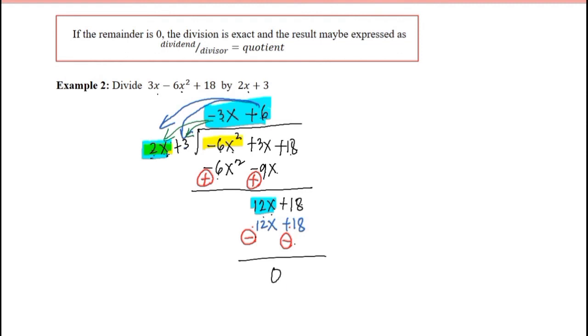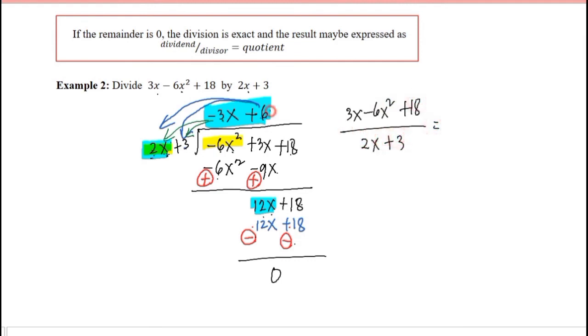So, if we are going to divide the 3x minus 6x squared plus 18 by 2x plus 3, so we could say that the 3x minus 6x squared plus 18 over 2x plus 3 is just equal to this. Sasagot natin, 3x plus 6. And this is our answer.